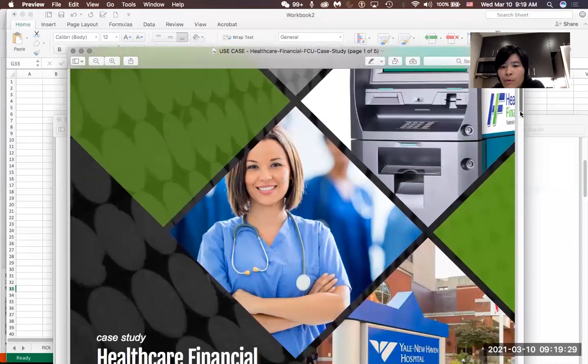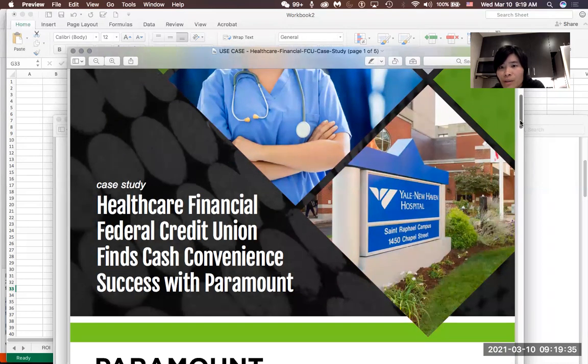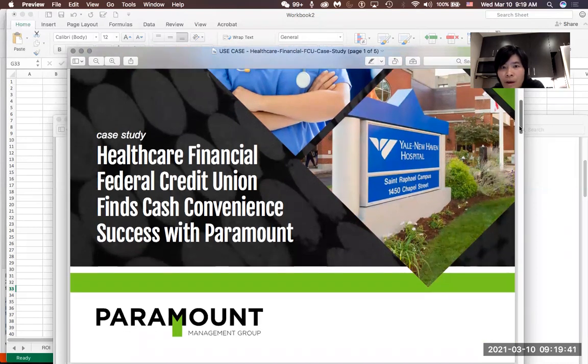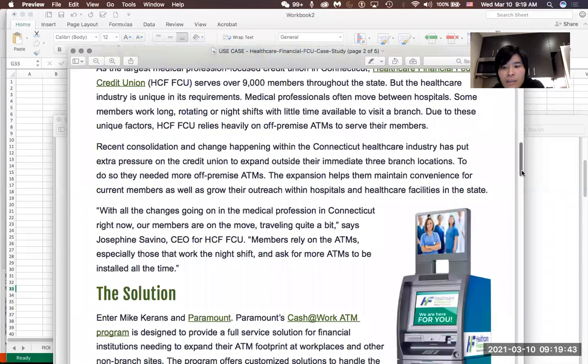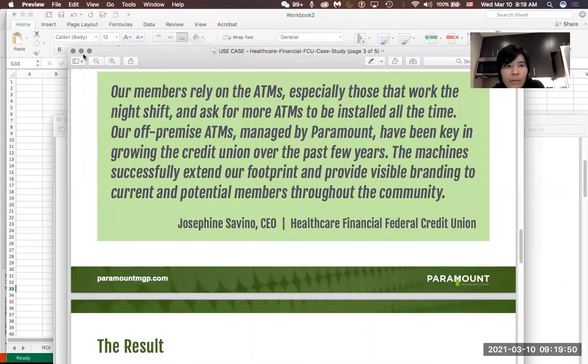For example, in the hospital, that's actually helpful because in COVID, you don't want the doctors or nurses to go out to withdraw money. They can just do this in the office. So that's the actual hospital that they partner with.